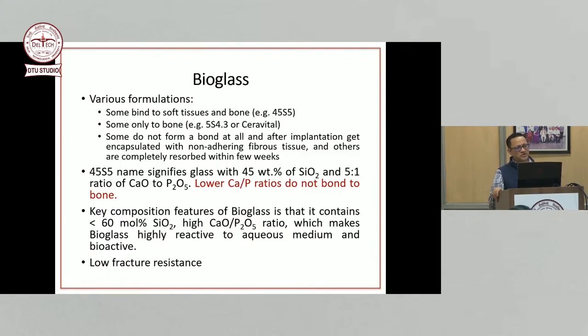Some bind to soft tissues and bone, some only to bone, and some do not form a bond at all. So you can change the ratio of, for example, calcium, phosphorus, silica. Their ratio can be changed, and they can either bond to soft tissue or to bone or not bond. So you can change the properties of bioactive glass by changing these ratios. But just like ceramics, low fracture resistance, right?